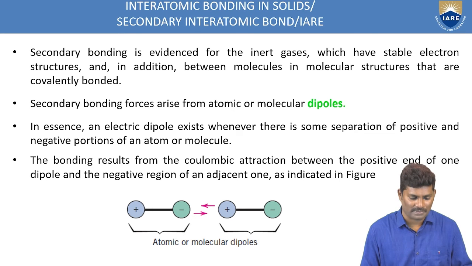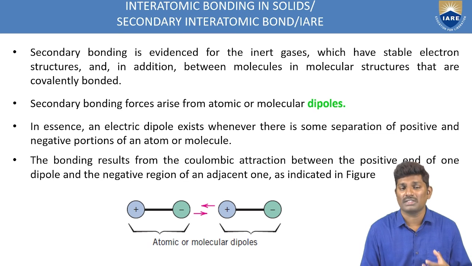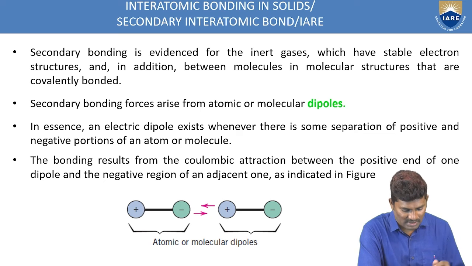Because of this dipolar nature between the atoms, the bonding results from the Coulombic attraction. What is Coulombic again? Between the positive and negative, there is a strong force of attraction. But this Coulombic attraction between the atoms is very, very less. That's why there is no strong bond. Now, if you see this example, here you have a lot of gap between the atoms or molecules.